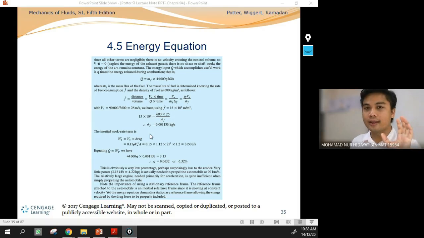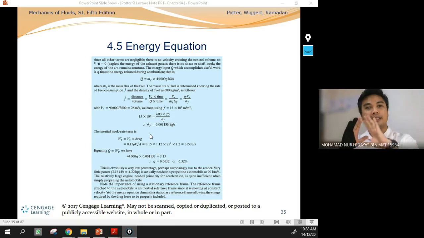So A1 V1 is the volume flow rate, and rho A V is the mass flow rate. The symbol of mass flow rate is m dot. The volume flow rate is Q only, not Q dot. The Q dot is for heat transfer.